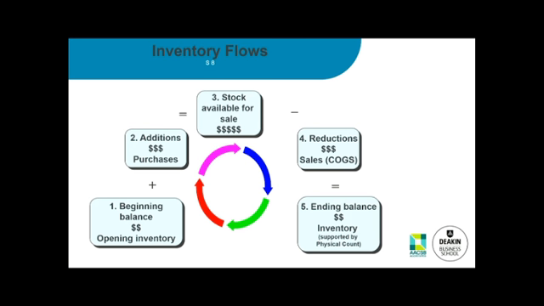Under the perpetual system, none of it is missing. You have beginning inventory, you have your purchases, you know all your sales because you record your data all the time, you know how much you actually have by doing your stock take, and you can find out any gain or loss. Under the periodic system, you don't actually record all your sales. You keep on selling during the period, but you don't record them.